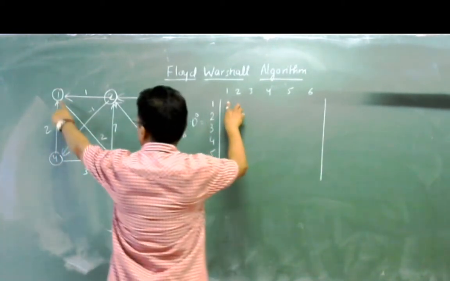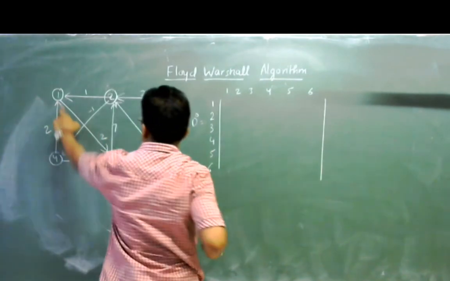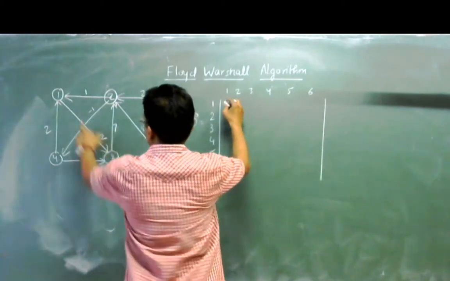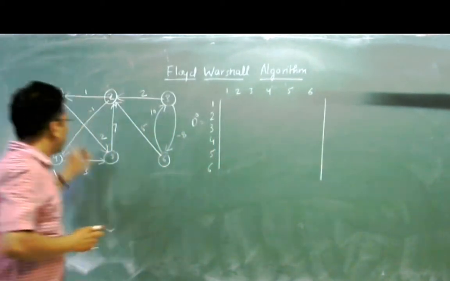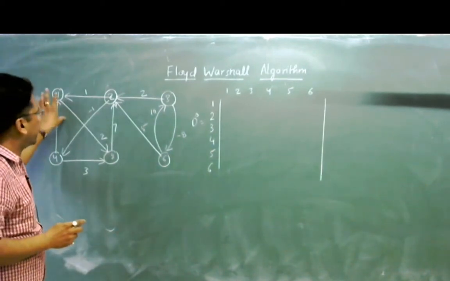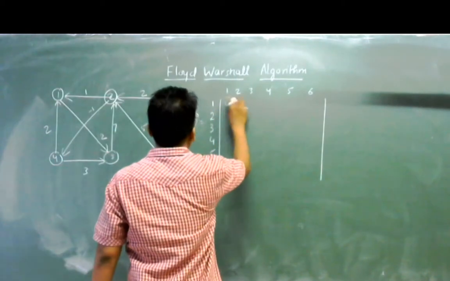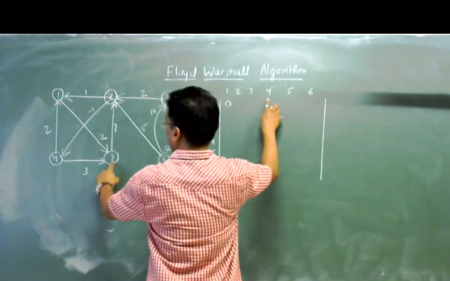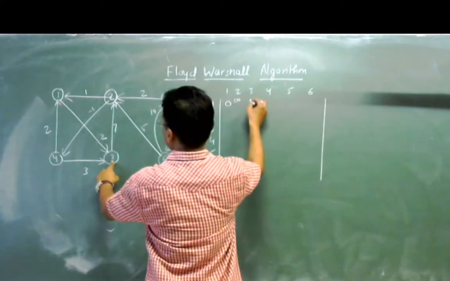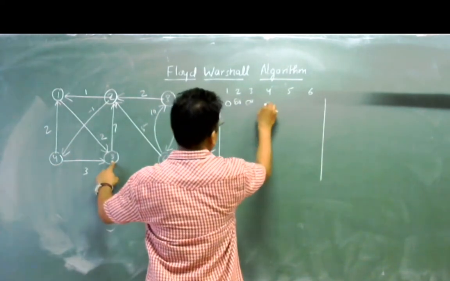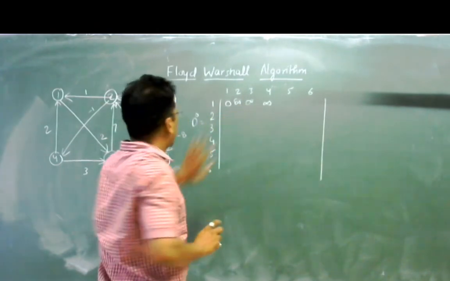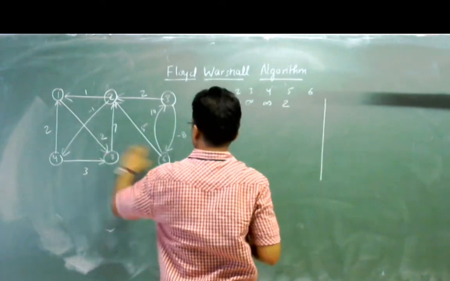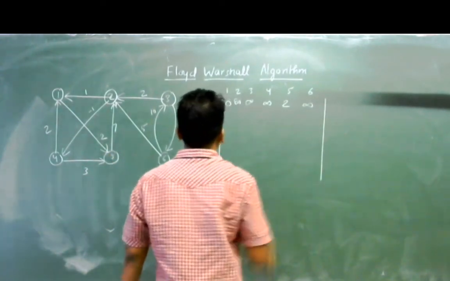Node number 1 is connected, this is a directed graph, to only node number 5, and to itself, so that would be 0. 1 is not connected to 2, 3, or 4, so all will be infinity, right? Because they are not directly connected. But node number 5 is at distance of 2, and node number 6 is not connected, so it would be infinity, right?